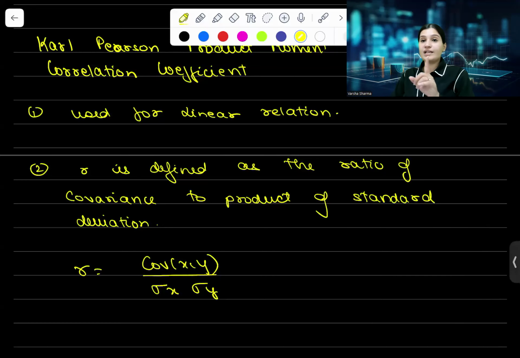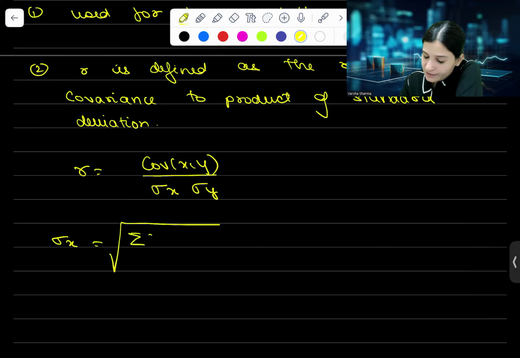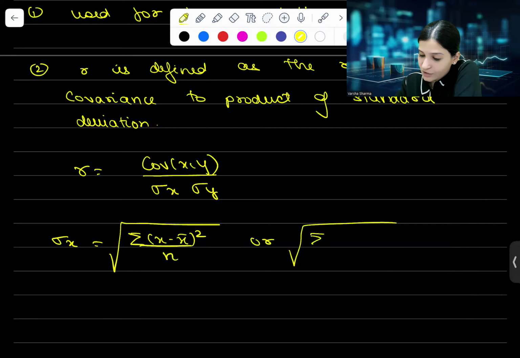In dispersion, we learned variance and standard deviation. I hope you all remember that. Standard deviation of X, two formulas: root of summation X minus X bar whole square by N, or root of summation X square by N minus X bar whole square.